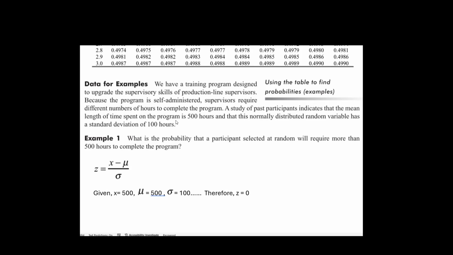Clearly, if you read this, they have given you three pieces of information. The mean is 500 hours, it is a normally distributed random variable, and the standard deviation is 100 hours.